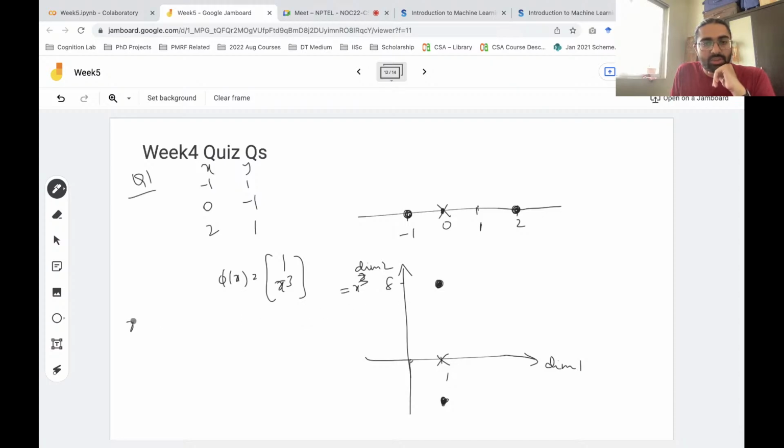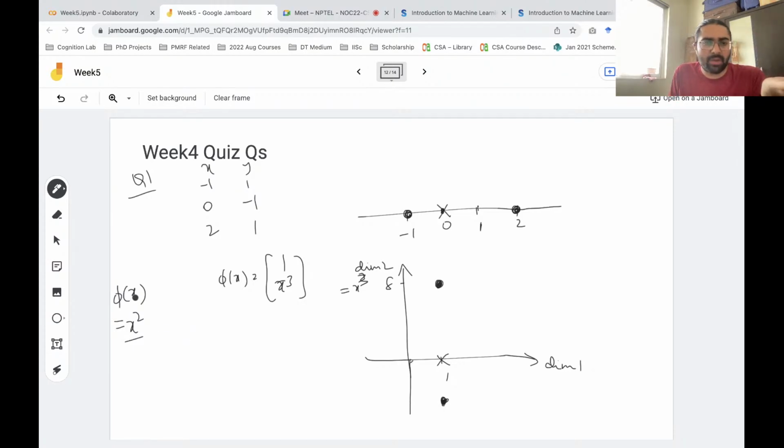Incidentally, if I used x squared as my expansion or transformation, do you think we would be able to find a linear function here? Is it one and x square, or only x square? No, just x square also. I need not always move to a higher dimension.